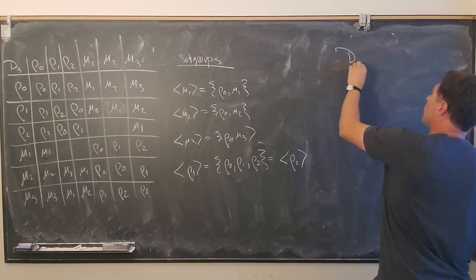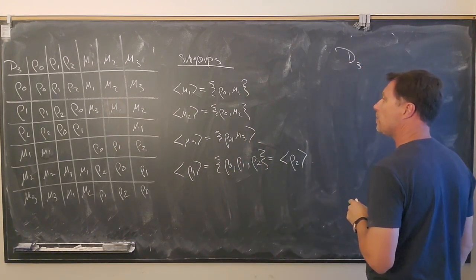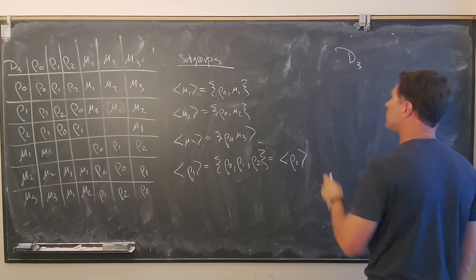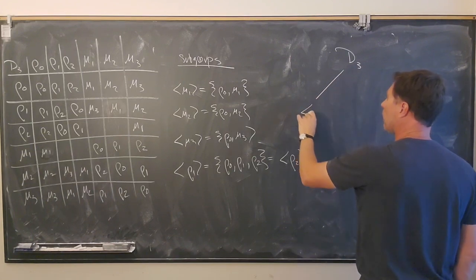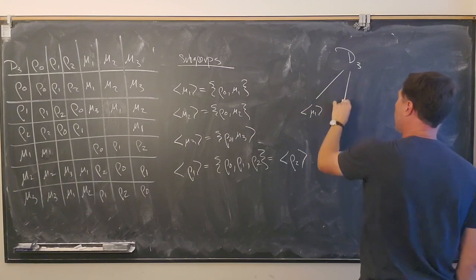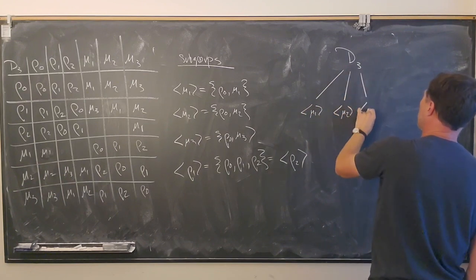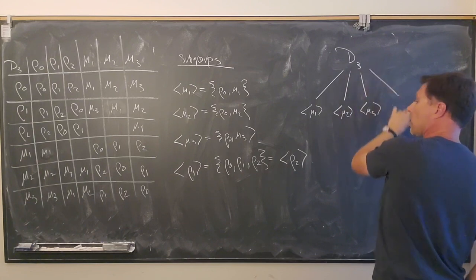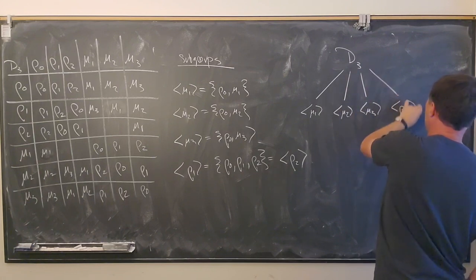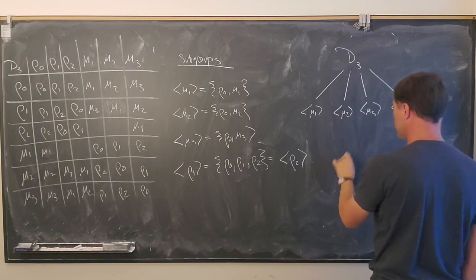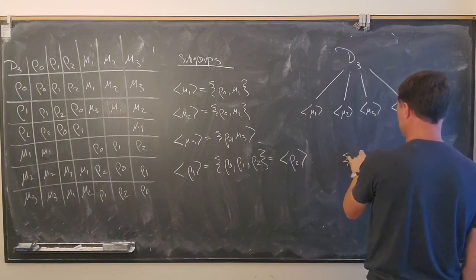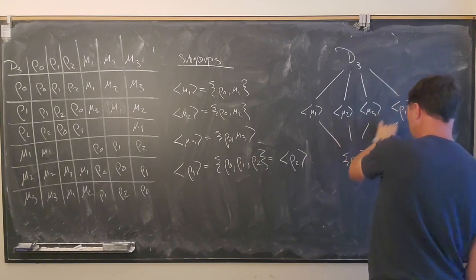So the subgroup lattice will look like this. There is no overlap at all. mu1, mu2, mu3, and the subgroup generated by row 1. And then the trivial subgroup, which in this case just consists of row 0, sits below.